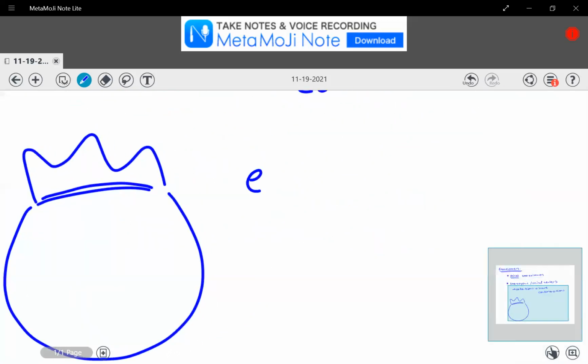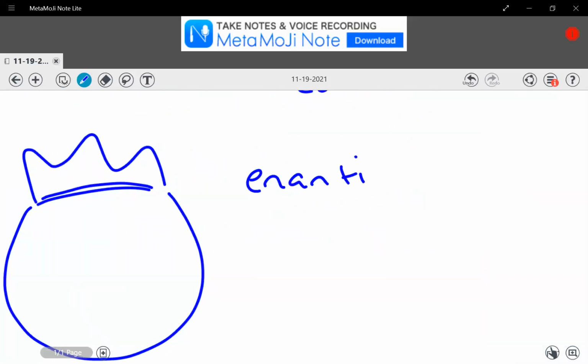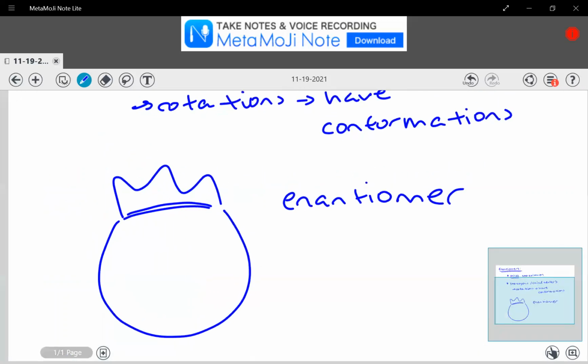It's called an enantiomer. Such a great candy. It hasn't even been invented yet. Now, in the enantiomer candy bag, you can have a mix of enantiomer flavors, I guess. There are two flavors of enantiomers that exist.